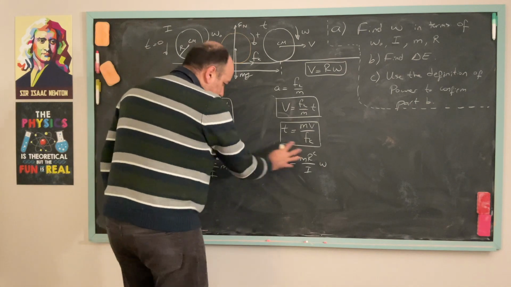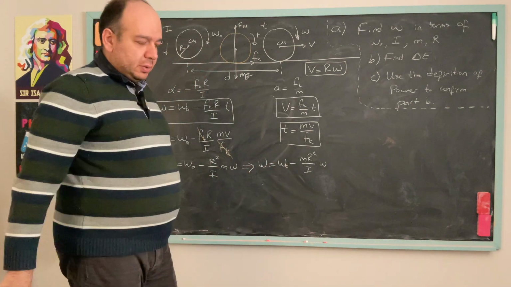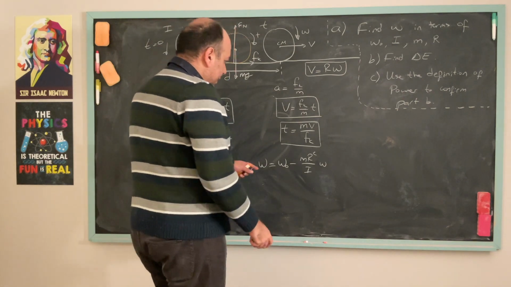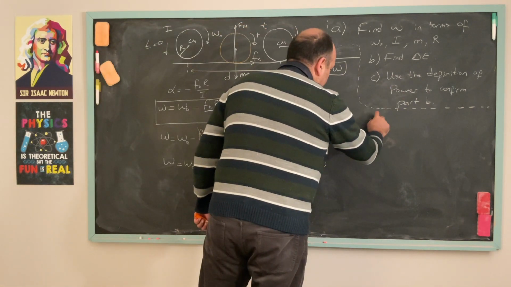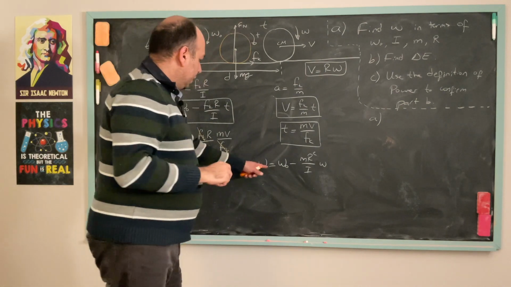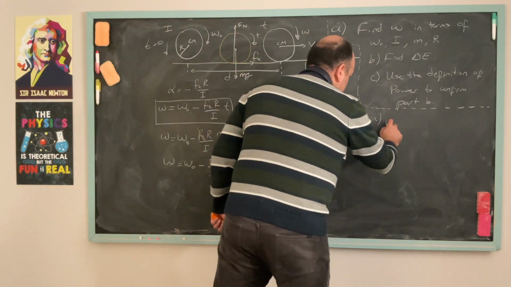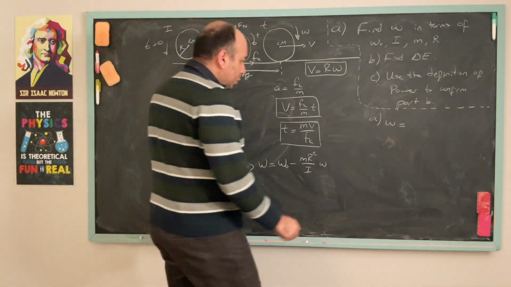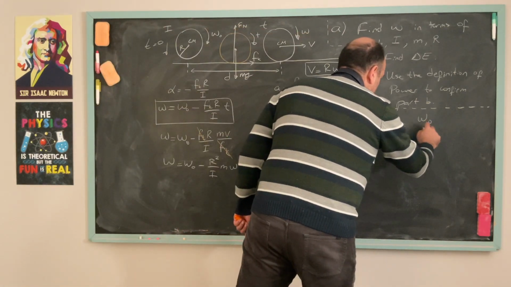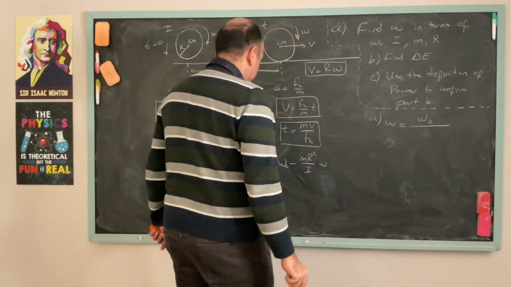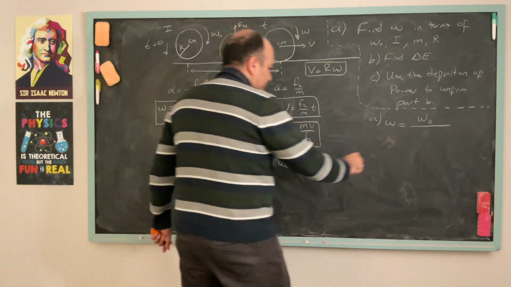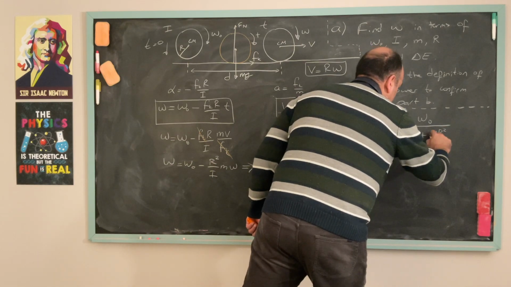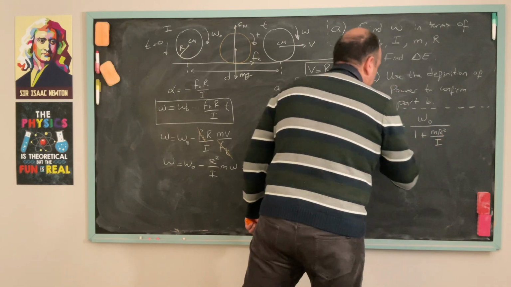So I can put this term on this side and use the omega parentheses. So in the end, this is my solution for part A: omega is going to be equal to omega naught over 1 plus mr square over I.